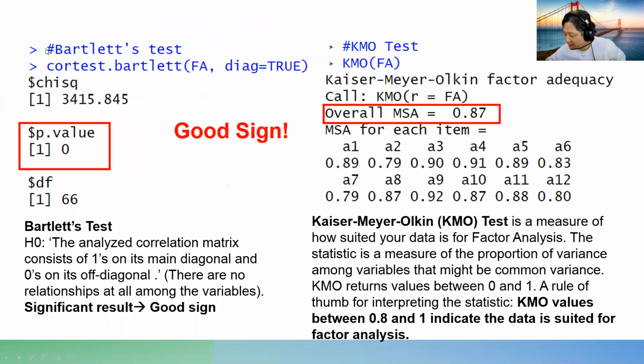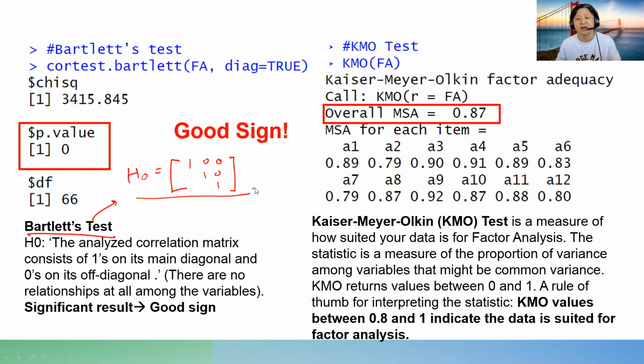This is a Bartlett test. Bartlett test is a hypothesis test. Our null hypothesis is an identity matrix, 1, 1, 1 on the diagonal and 0, 0, 0 elsewhere. That means our null hypothesis is that there is no relationship among variables.